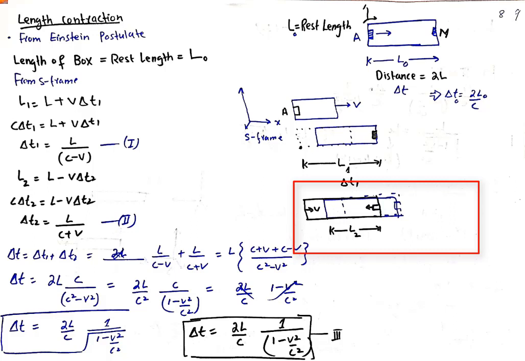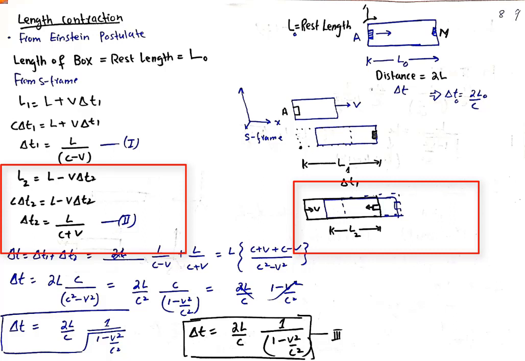If the light takes a time delta t2 from reflecting at M to reaching A, then light has to travel this less distance v delta t2, because point A travels this distance in the x direction during this time. So if L2 is the distance covered by light in this time, then L2 is equal to L minus v delta t2.